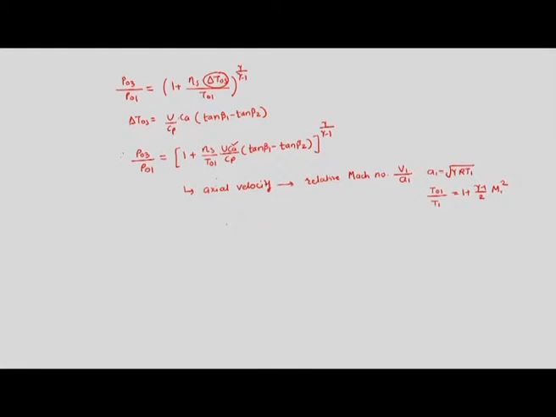So we would know the Mach number at the entry and the total temperature, and then we can find out T1. Putting that T1 we will get A1, and then we will get the value of relative Mach number, which would restrict the amount of axial velocity. So only a limited amount of axial velocity will be allowed.